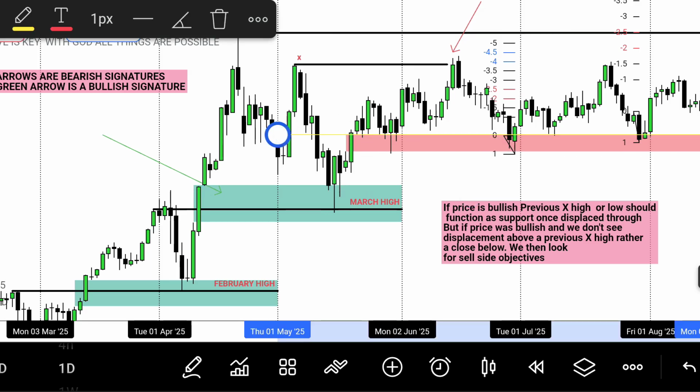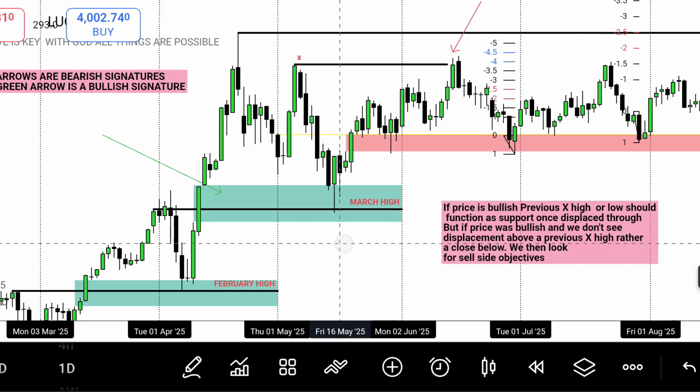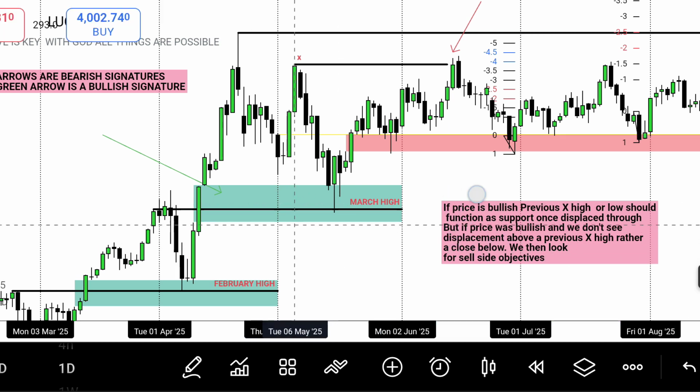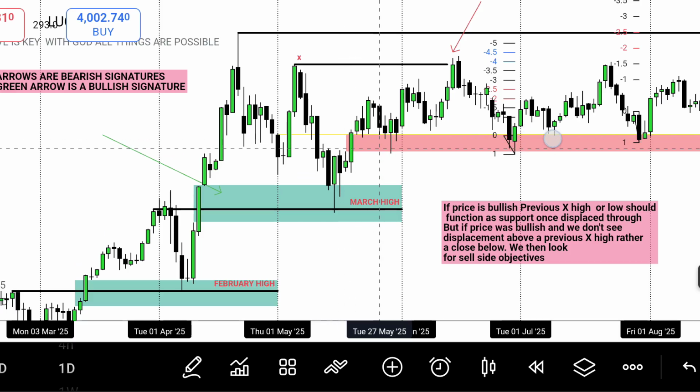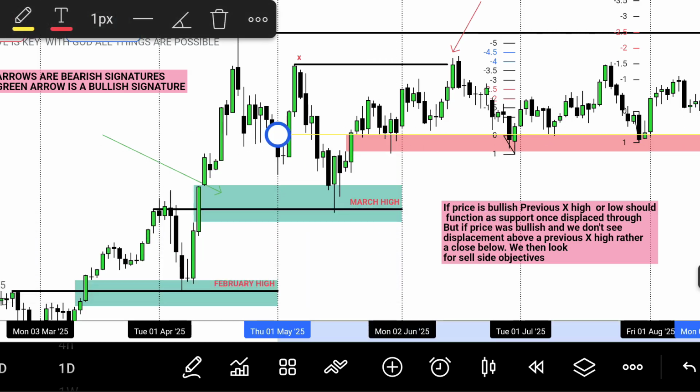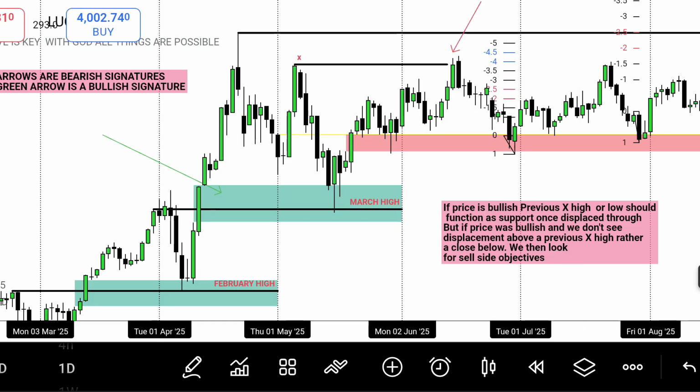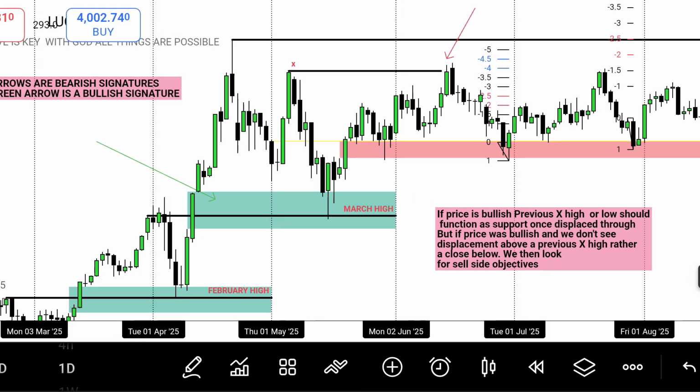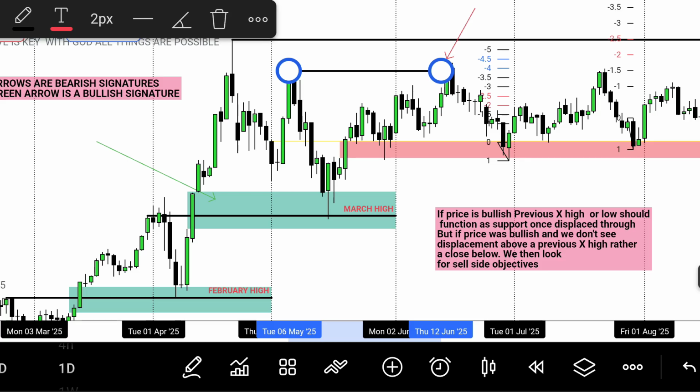It formed through this yellow line which I have put on my chart, which is May's open. Fair value gap formed through May's open. And what do we see when price returned into the fair value gap? Saw rejection from this red range. Saw rejection, then price rallied to the upside.